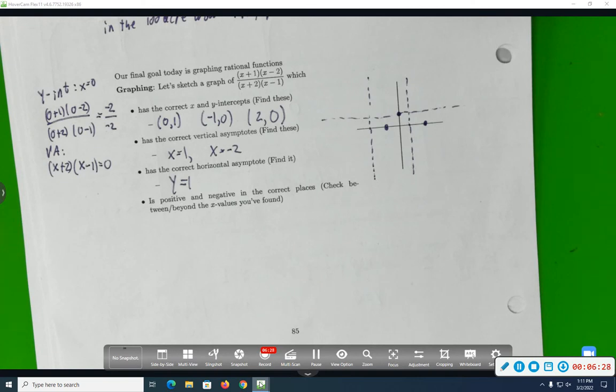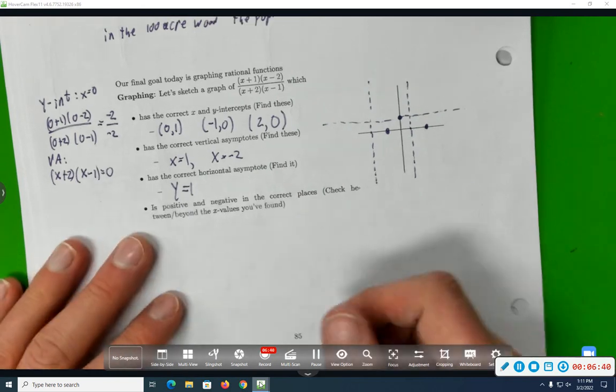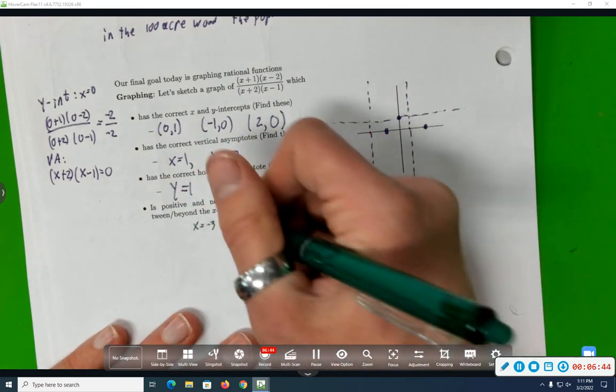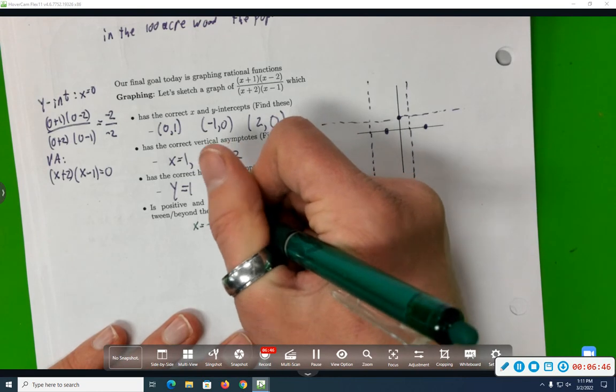What is the number that is to the left of negative 2? Negative 3. Negative 3 is a perfectly reasonable choice. Yeah, so let's pick some sample points. X equals negative 3. I'll give you another strategy too that will avoid any computation.